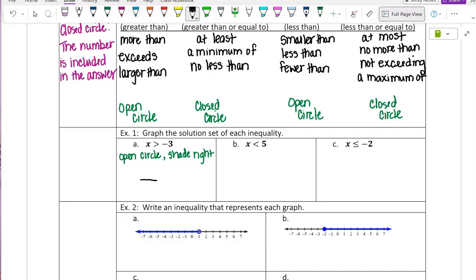So when we draw our number line here, again, I'm only going to put 3 spots on this. So I'm going to have -4, -3, and -2.